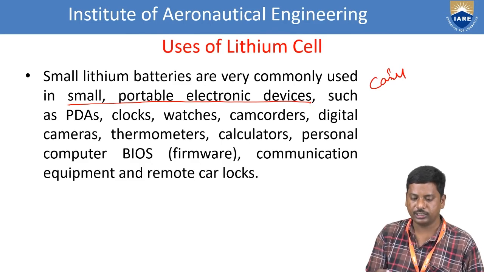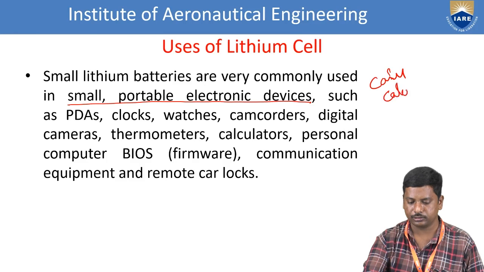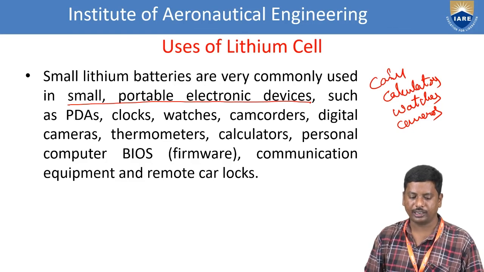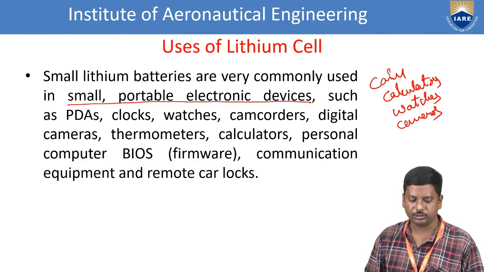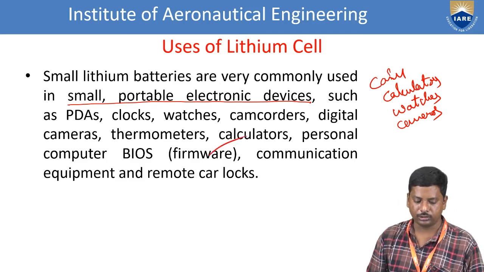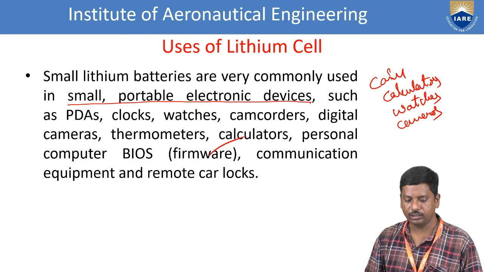That means they are especially used in calculators, watches, cameras. Almost all come under the category of portable electronic devices. So especially clocks, watches, camcorders, digital cameras, thermometers, calculators, personal computers, especially BIOS, firmware, and communication equipment and remote car clocks. All of these come under the category of portable electronic devices.